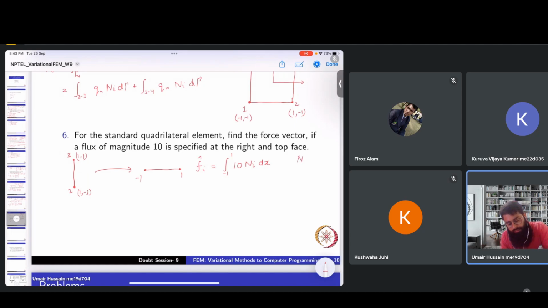For a 1D element, N1 would be (1 minus xi) by 2, N2 would be (1 plus xi) by 2.